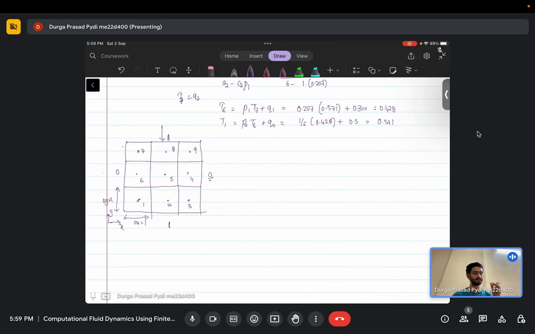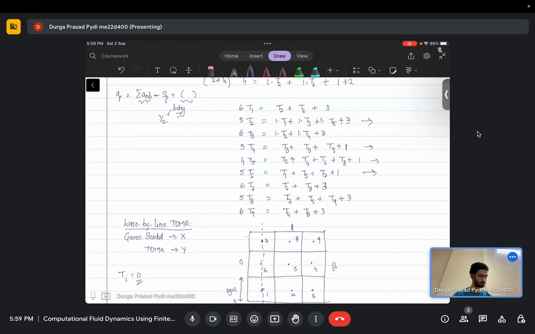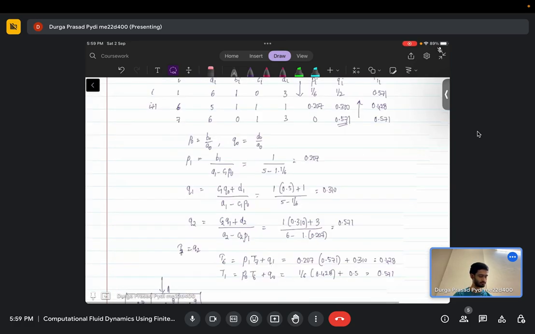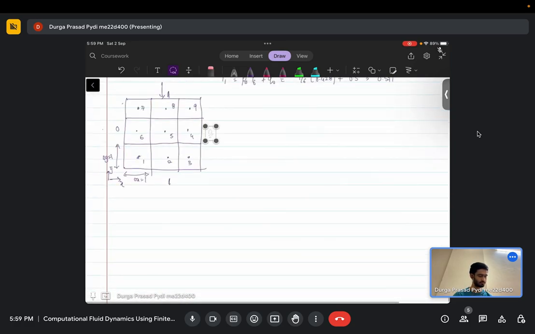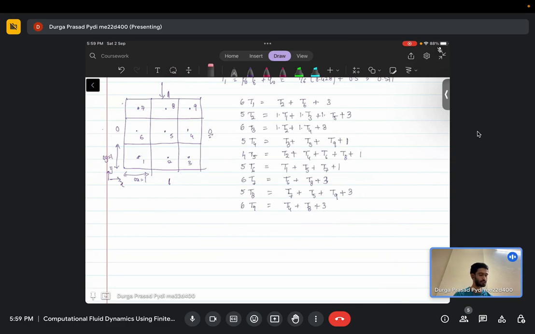So now we take the equations for 8, 5 and 2. Now we have the equation for 8. So we need to be taking equations for 8, 5 and 2.